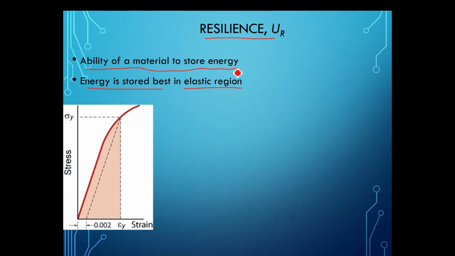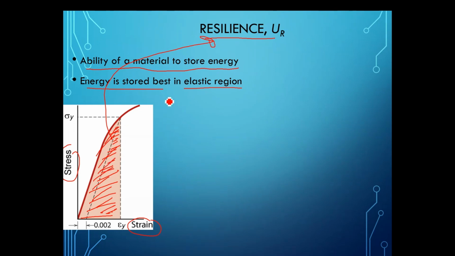All right. So if you have a stress strain plot, the area under the curve of a stress strain plot basically represents energy per unit volume, and up till the elastic limit, the energy stored is represented by area under the curve, and you refer to this energy as resilience of a material.